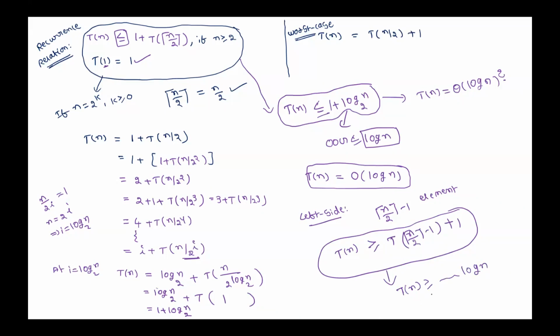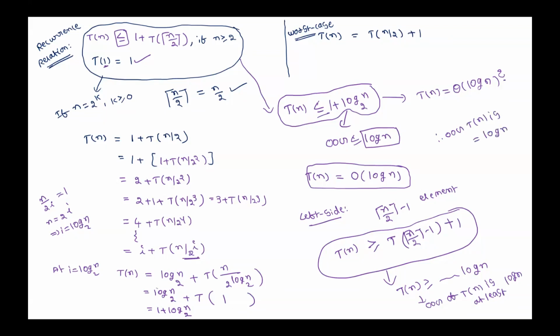That means the order of growth of T of n is at least log n. Here we showed that order of growth is at most log n. Here it becomes at least log n. Therefore, the order of growth of T of n is exactly, we can write it as log n.